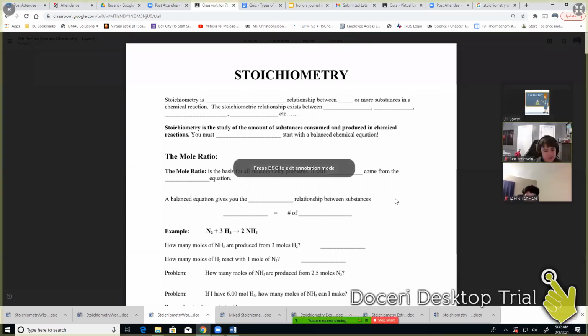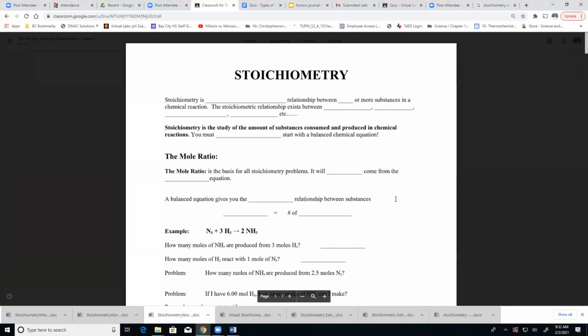All right, so I will tell y'all, the key to stoichiometry is showing your work and using your units.